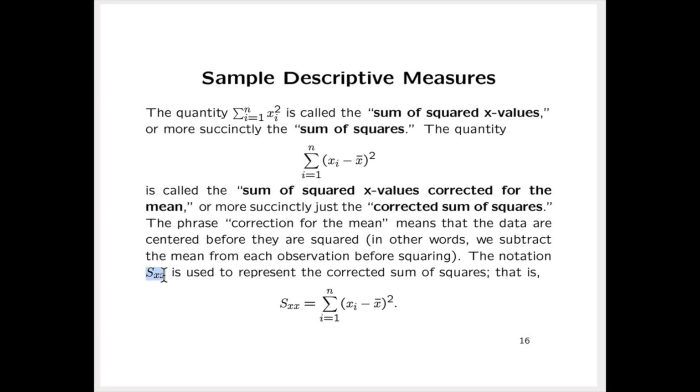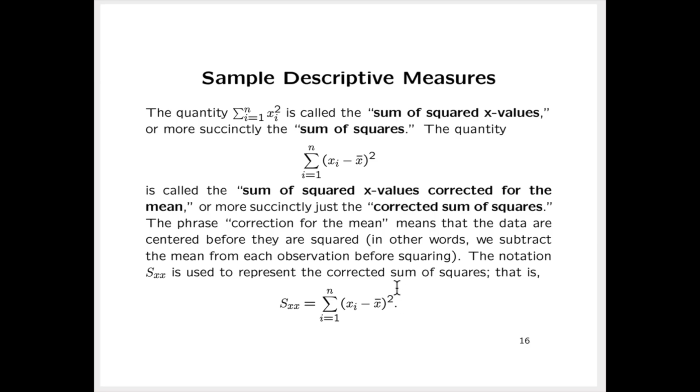Now, there's additional notation that we can use to represent this corrected sum of squares, and this notation is S sub xx. The subscripts here, x, correspond to the label I'm using to denote the data values. So if I were to use y's to represent the data values, then this would be S sub yy and so forth. But we're using x here, and so the corrected sum of squares for the x's would be S sub xx.